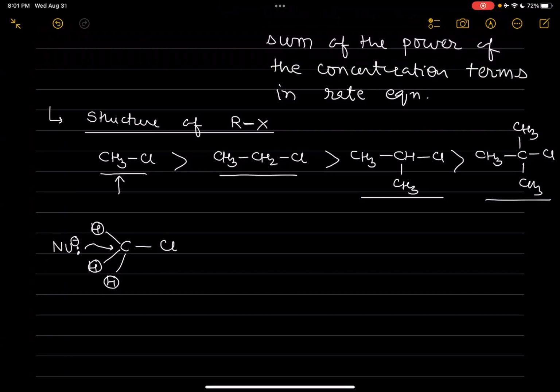But what happened to this? Look here. These three methyl groups.